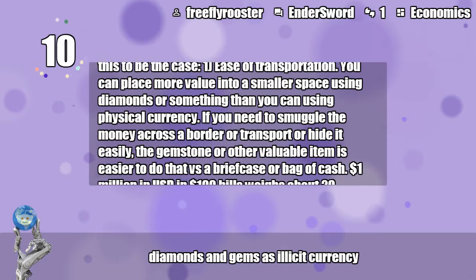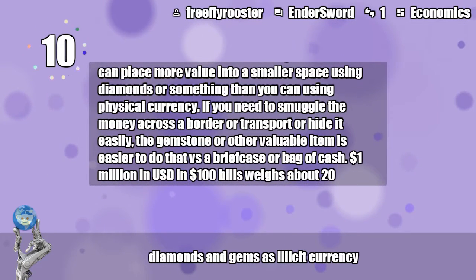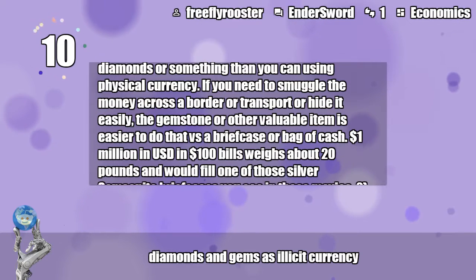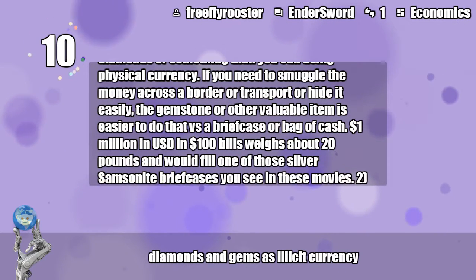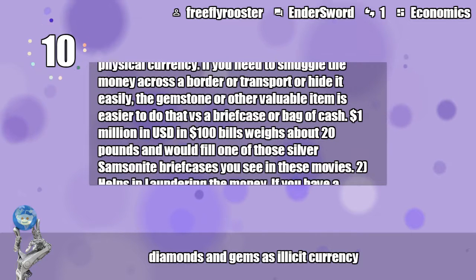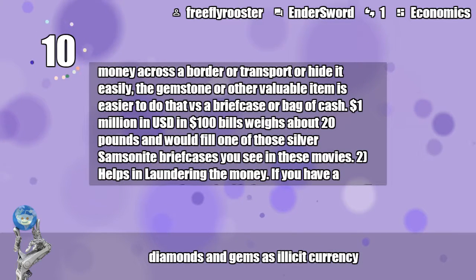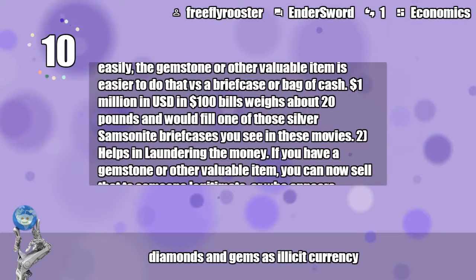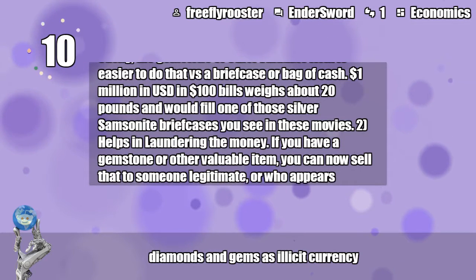If you need to smuggle the money across a border, or transport, or hide it easily, the gemstone, or other valuable item is easier to do that versus a briefcase or bag of cash. $1 million in USD in $100 bills weighs about 20 pounds and would fill one of those silver Samsonite briefcases you see in these movies.